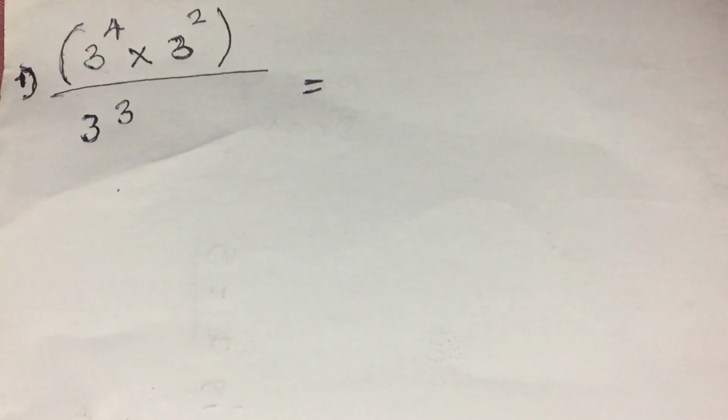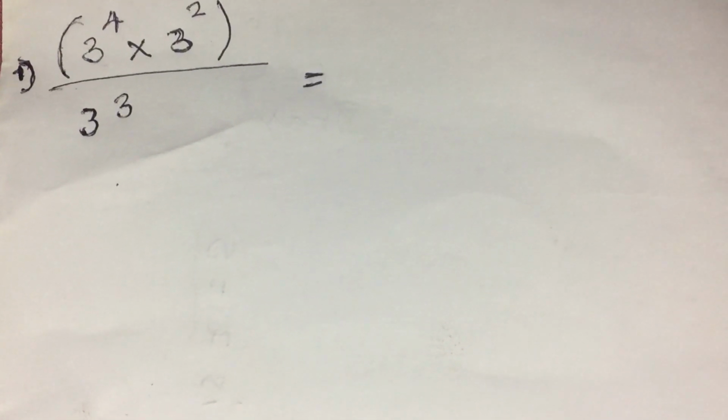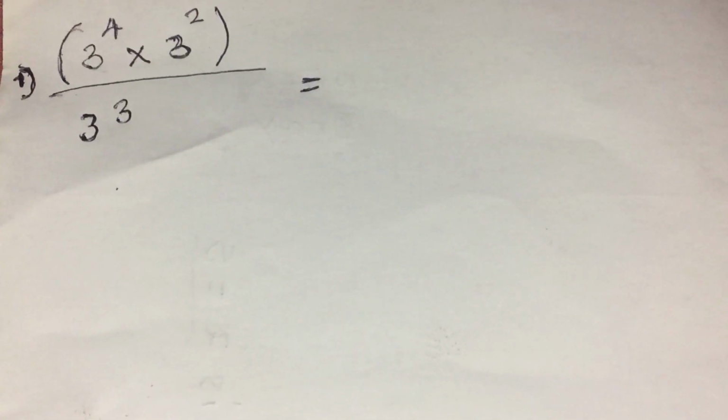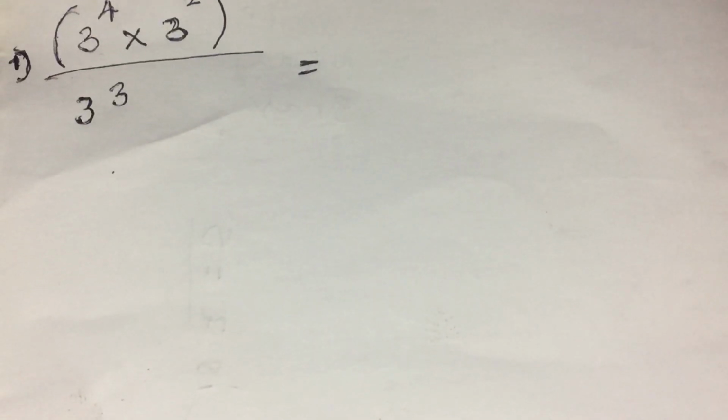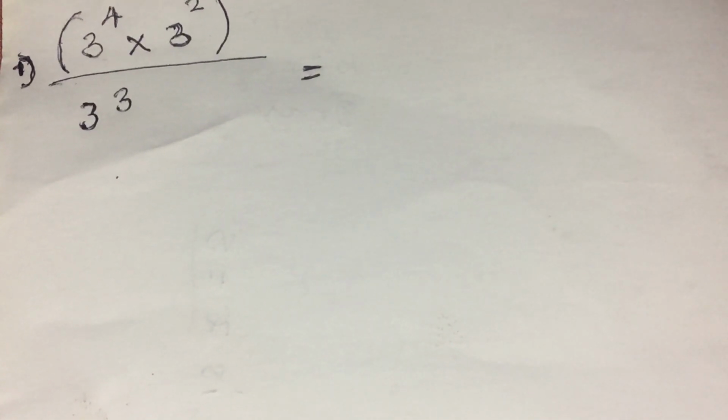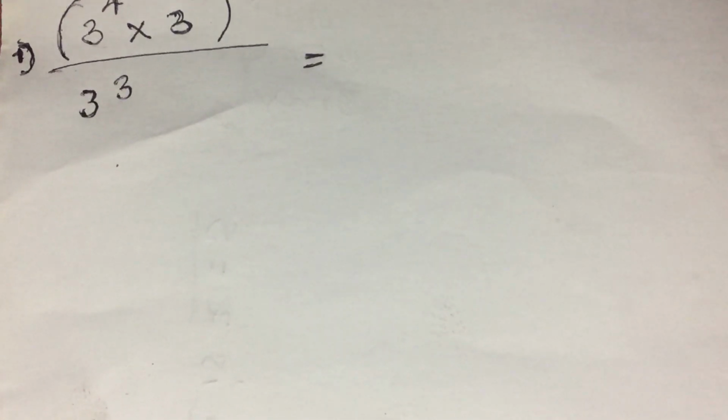let's review some basic rules of exponents. When we are multiplying two numbers with the same base, we add the exponents.